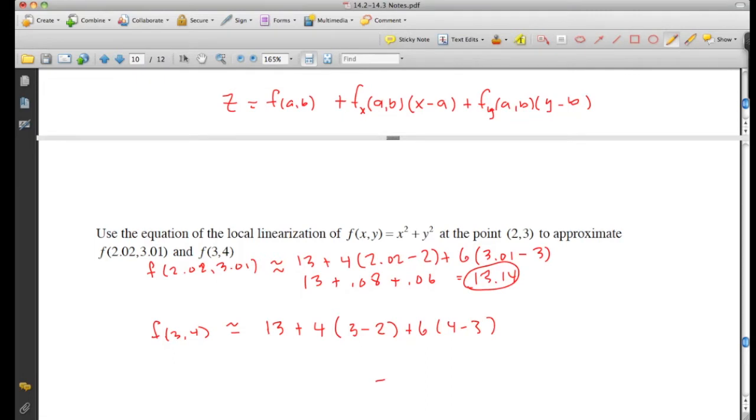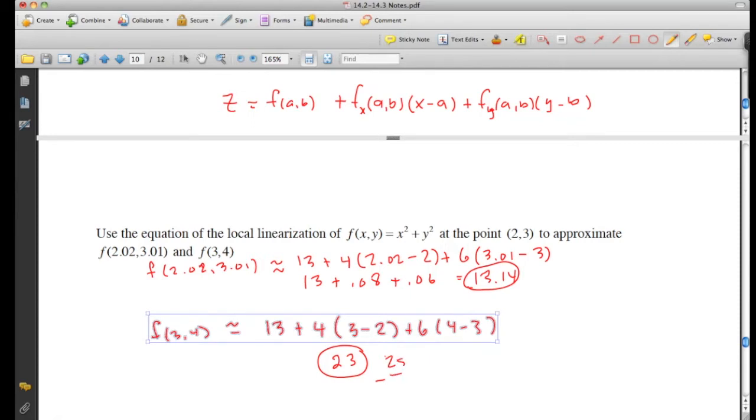So that's going to give me 13 plus 4 plus 6, that gives me 23. So f of 3,4 is approximately 23, but if you take 3,4 and plug it into this function, you're going to get 3 squared is 9, 4 squared is 16, 9 and 16 is going to give me 25. So the actual value of the function here is 25.